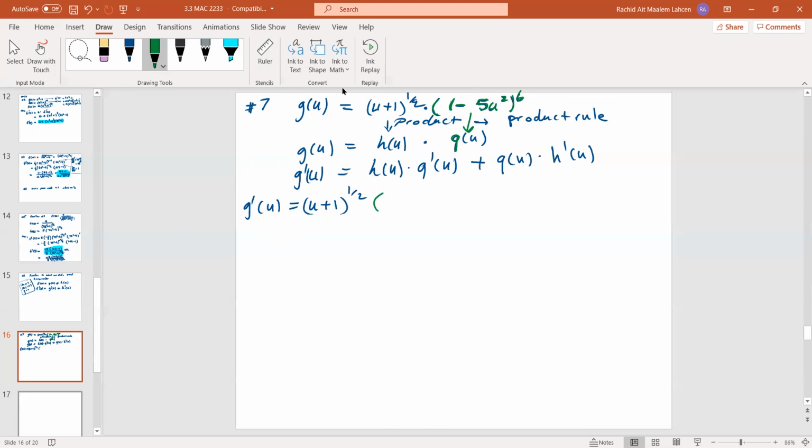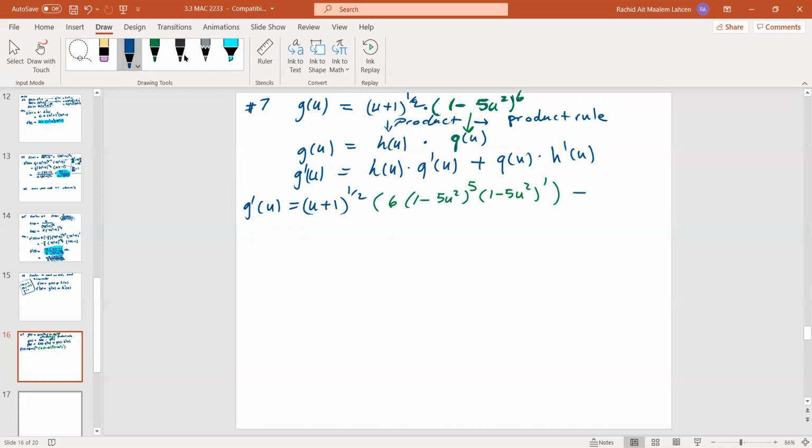This is a chain rule, so q prime needs a chain rule. The chain rule gives 6 times (1 minus 5u squared) to the 5th, just like a power rule. But we need the derivative of the inside, you see. So that's q prime of u.